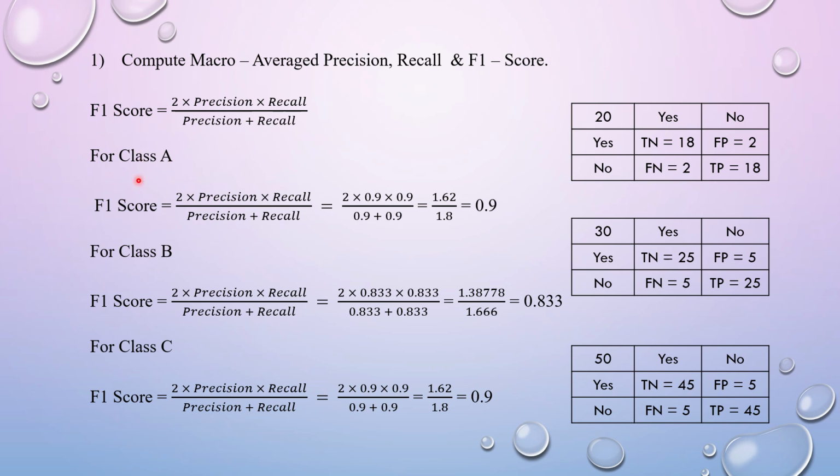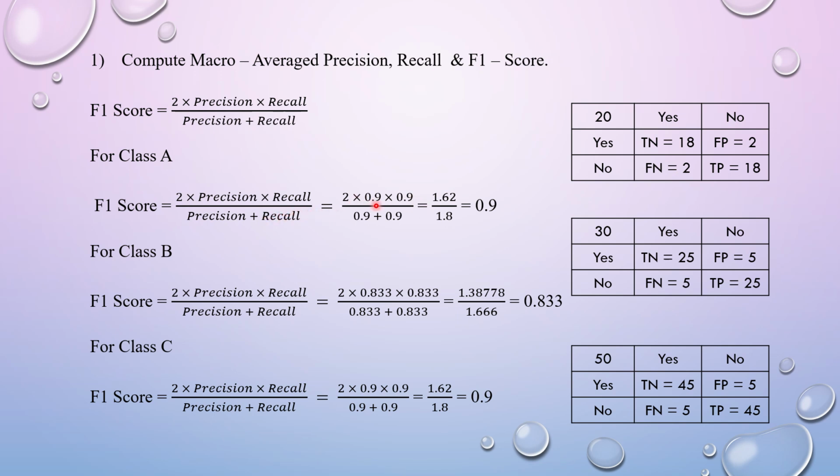For each class, class A, class B and class C. So first for class A, F1 score is equal to 2 into precision of class A into recall for class A divided by precision for class A plus recall for class A. So precision is 0.9 and recall is also 0.9.